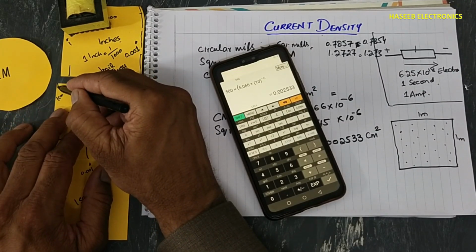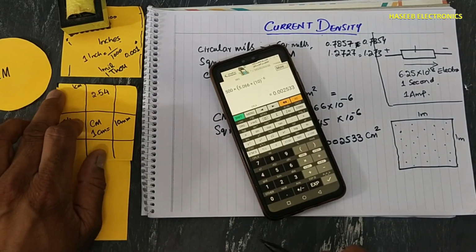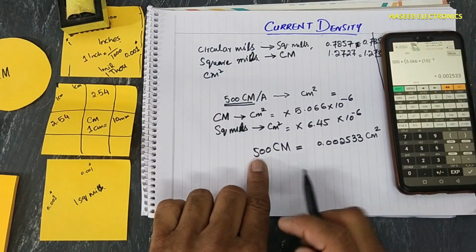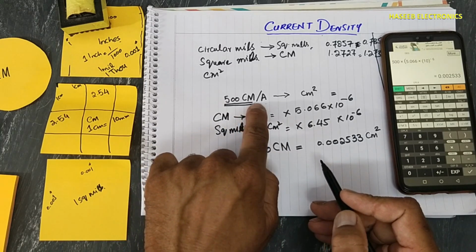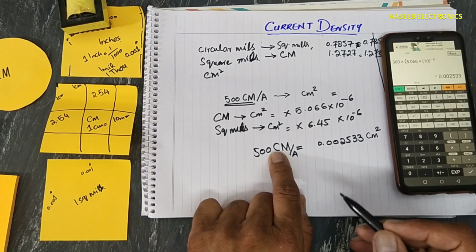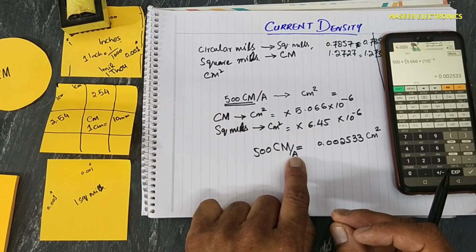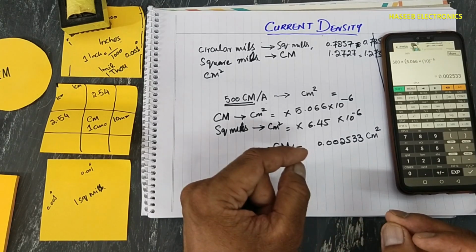Now this is 1 centimeter by 1 centimeter. We can say this small area is allocated for 1 ampere current, because we are changing the dimension. The amount of current is the same. This bare area of the copper wire is required for 1 ampere.